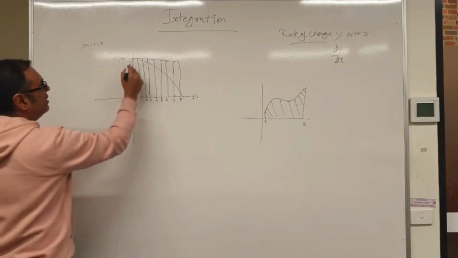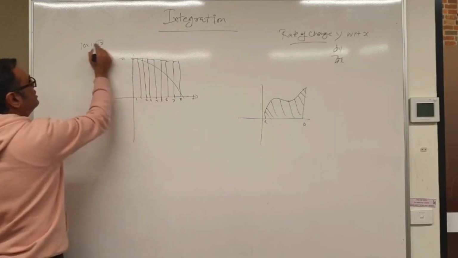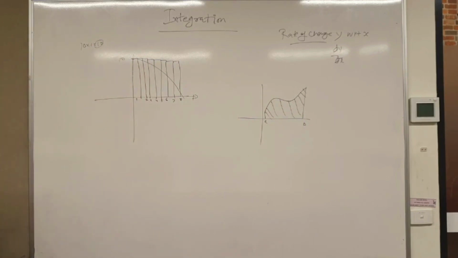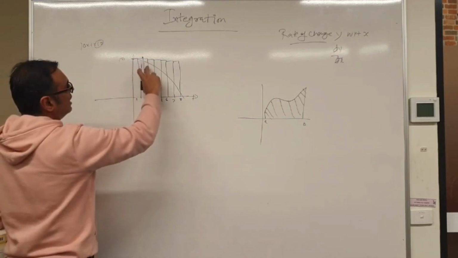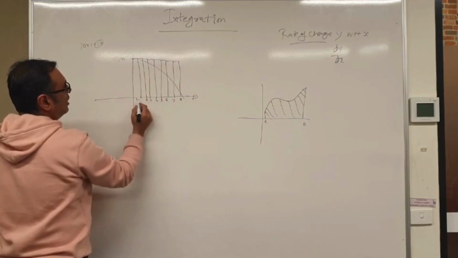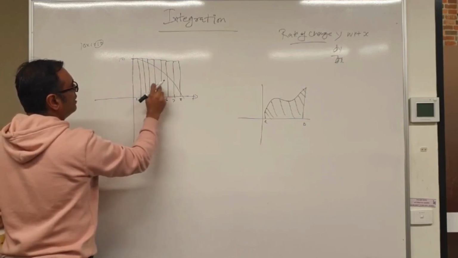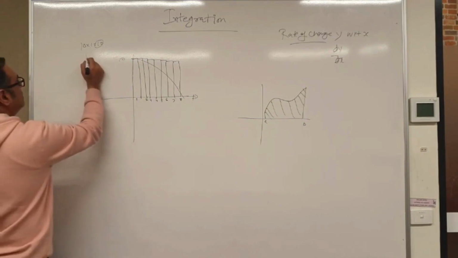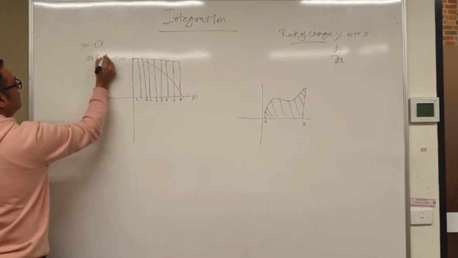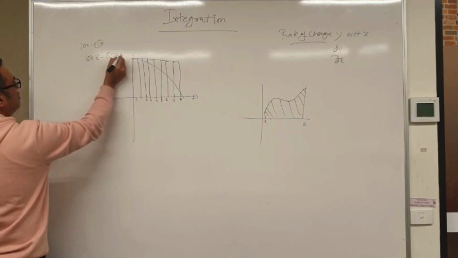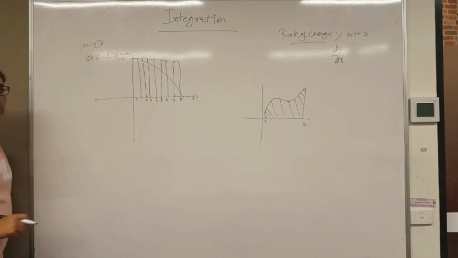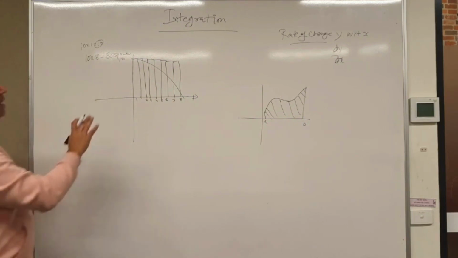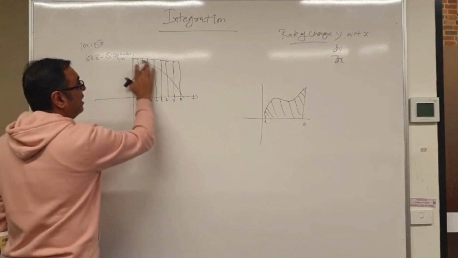So one rectangle here is basically 10 square units. And since they are equal, there are 8 rectangles, so I can easily say 10 times 8 is 80 square units. Must be the area, approximately the area under the curve.